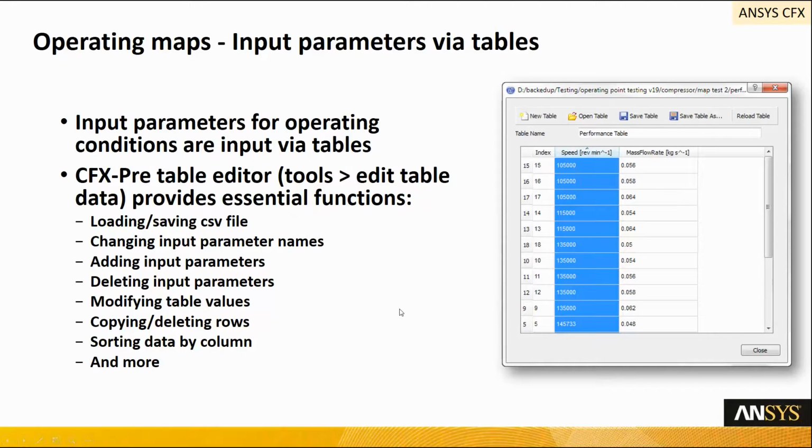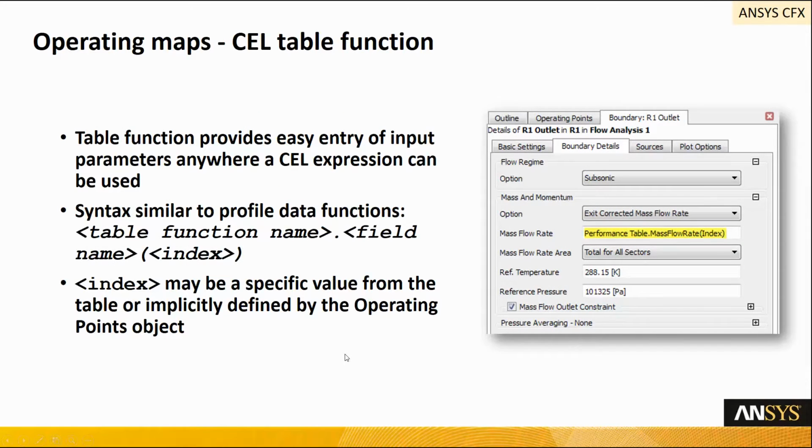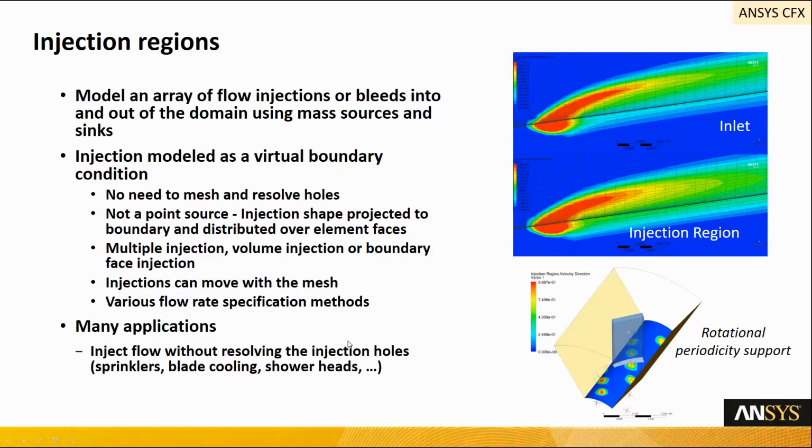That table can be edited with various tools here, and then you go off and you can run it. So once you've got that table, you can use parameters from it in the setup in just a CEL expression, and CFX is going to loop over this index to be able to do that set of runs for you, and then you can get a set of runs done very efficiently.